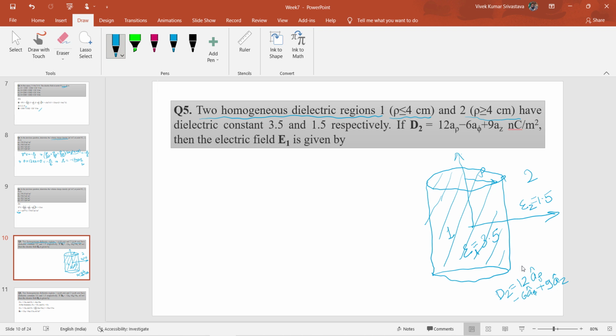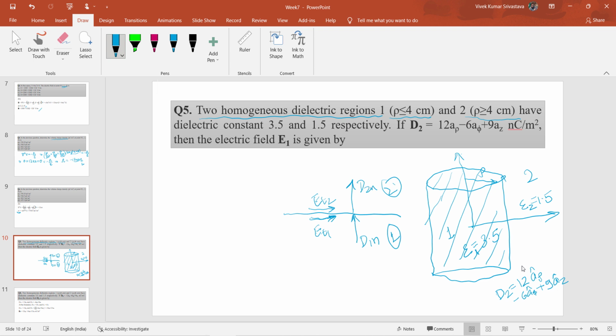As we all know, at the boundary, the tangential component of the electric field remains the same, that is Et1 and Et2, if this is region 1 and this is region 2, whereas the normal component of D will be continuous, so D1n and D2n.